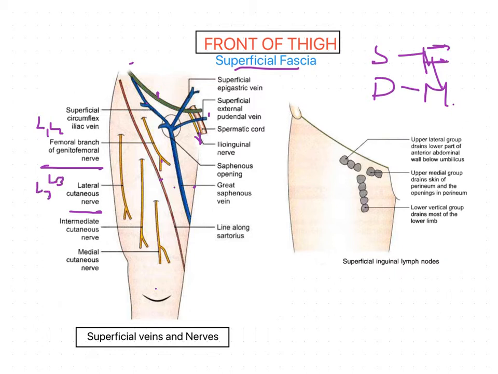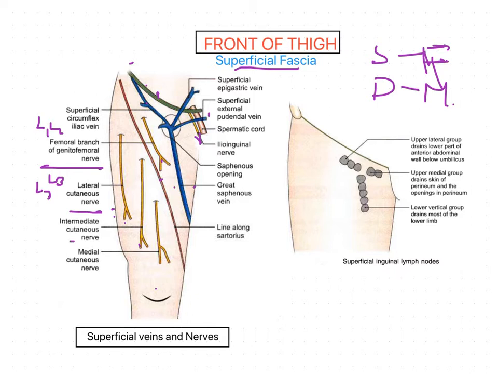So it is a branch of the lumbar plexus, and it emerges behind the lateral end of the inguinal ligament, and it divides into anterior and posterior branches and supplies the skin on the anterolateral side of the thigh and the anterior part of the gluteal region also.